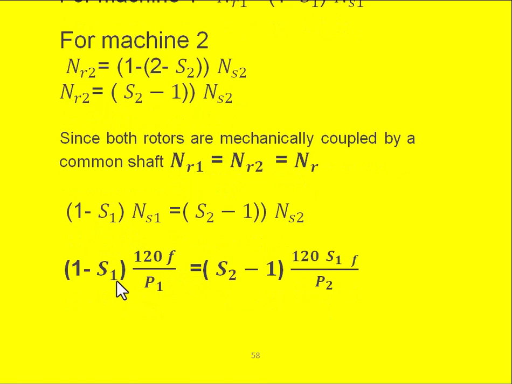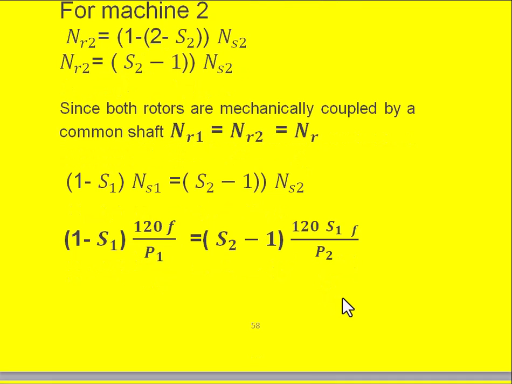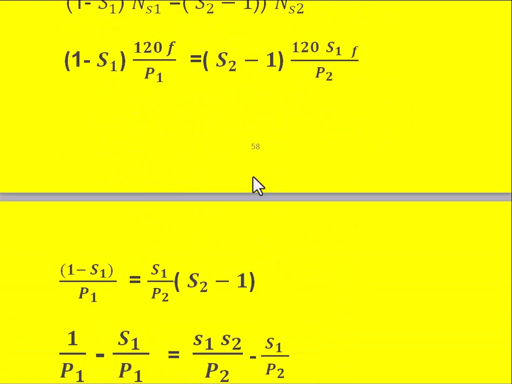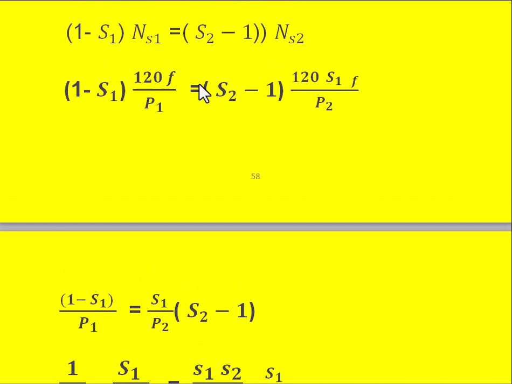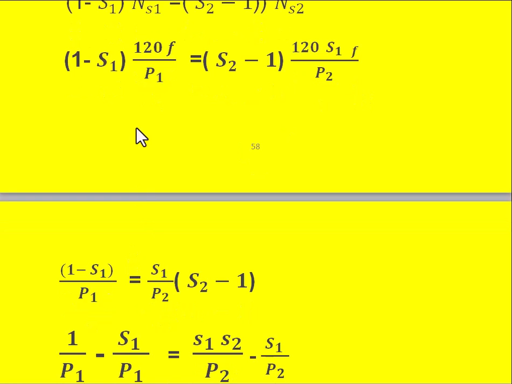So 1 minus S1 into NS1, meaning 120F divided by P1, is equal to S2 minus 1 into NS2, meaning 120 S1 into F divided by P2. So here 120F and here 120F get cancelled. Then the equation becomes: 1 minus S1 divided by P1 is equal to S1 by P2 into S2 minus 1.